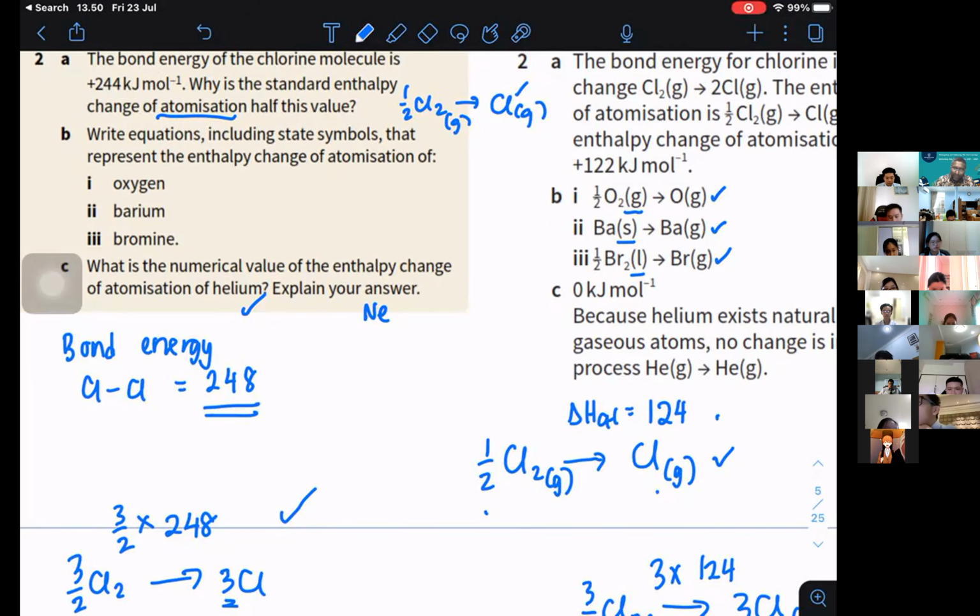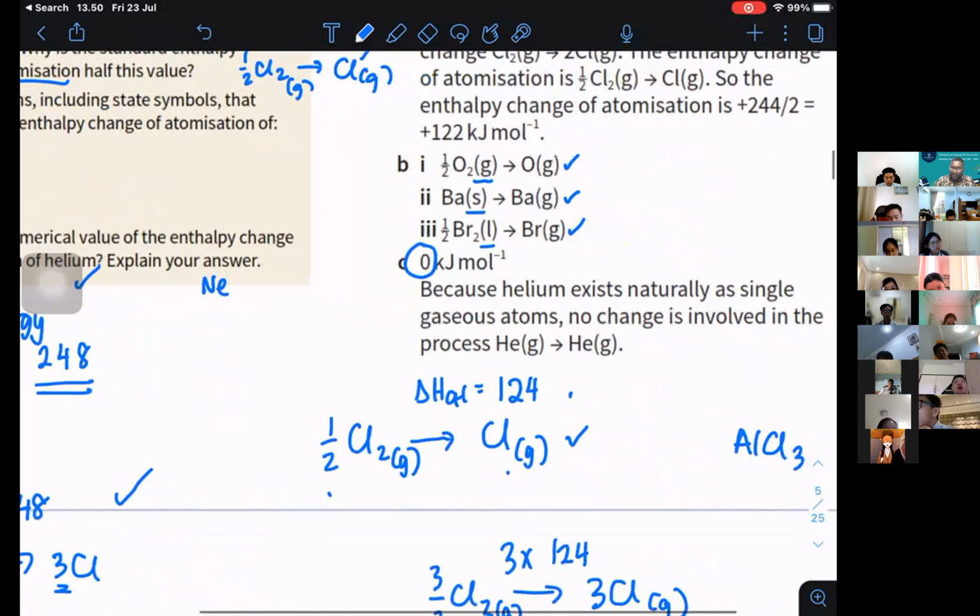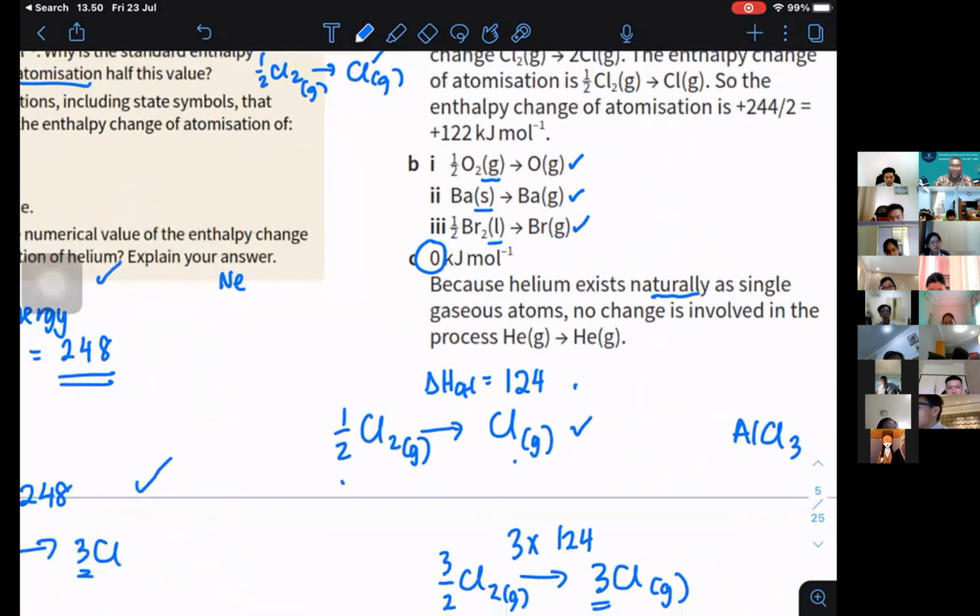So the answer is going to be 0, because they naturally exist as single gaseous atoms, so no change is involved. This is one thing you need to give attention to.